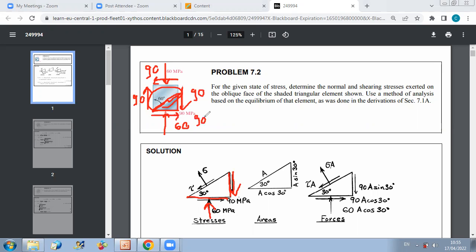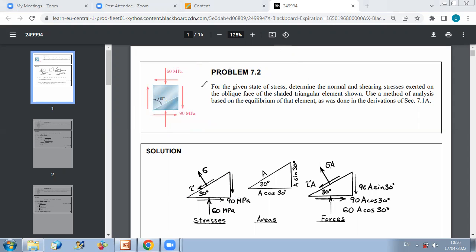Okay, if we take this as x and this as y, this will represent tau xy, and this is tau yx. And we know that they are equal because they should create opposite couples to maintain equilibrium on the square element. Now, if I want to use the convention of positive or negative tau xy, these are negative shear stresses.